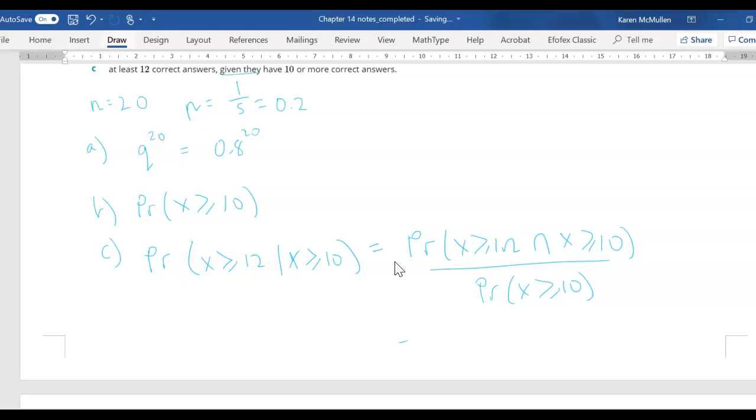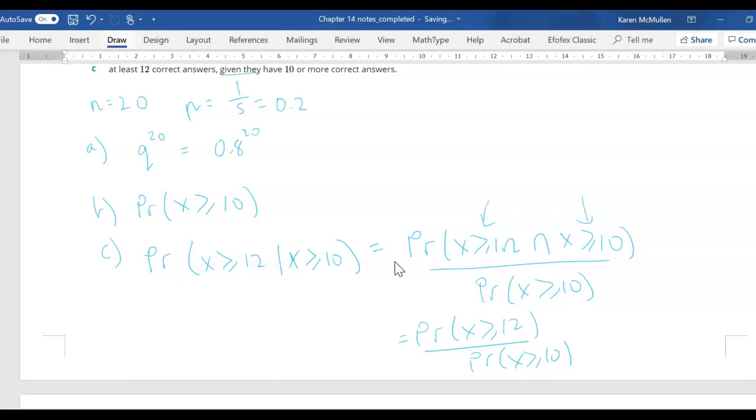They only have in common values greater than or equal to 12, because this event here doesn't have 10 and 11 included, but this event here has 12 and above included. So x is greater than or equal to 12 over probability x is greater than or equal to 10.